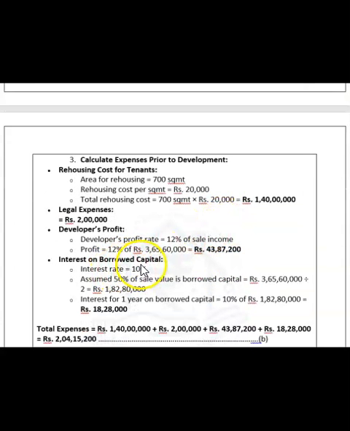Now the developer borrows the capital for 1 year. So he will not require all the money at one time. He wants money in 12 months time in different installments. So we are taking 50%. On 50% of the amount, we will calculate the interest.